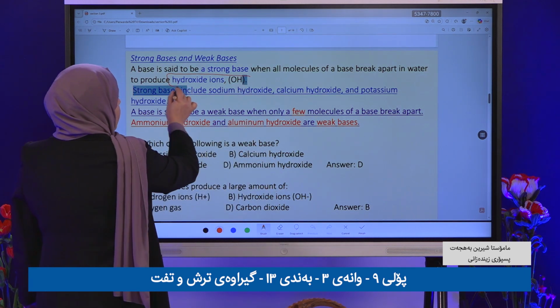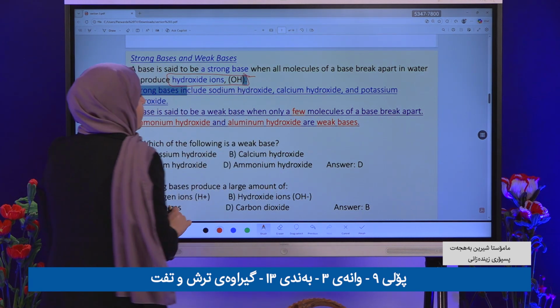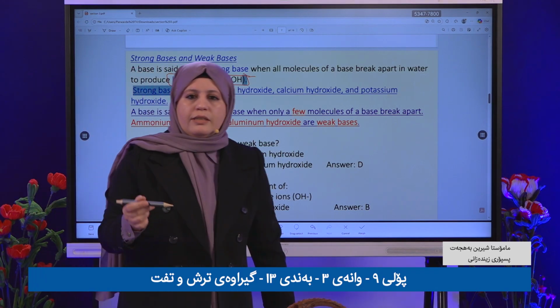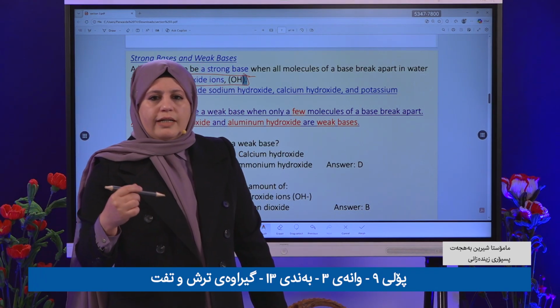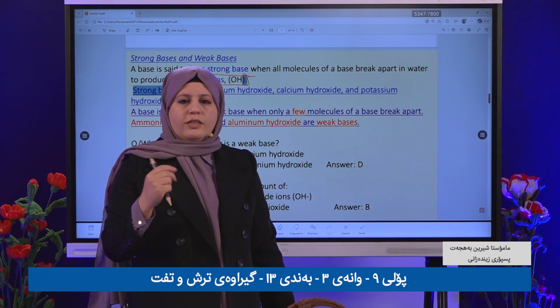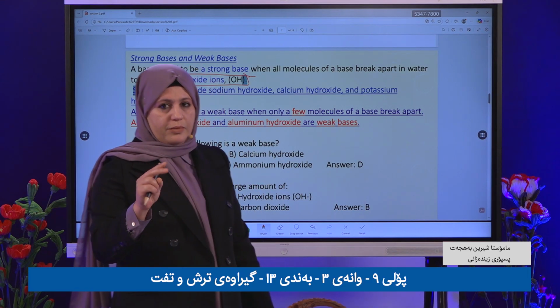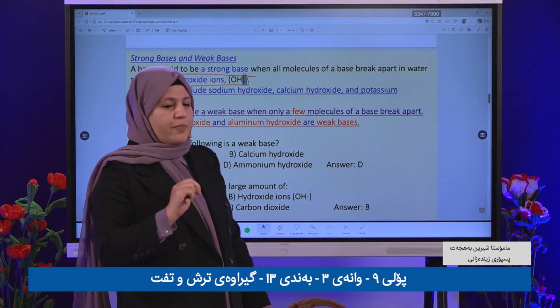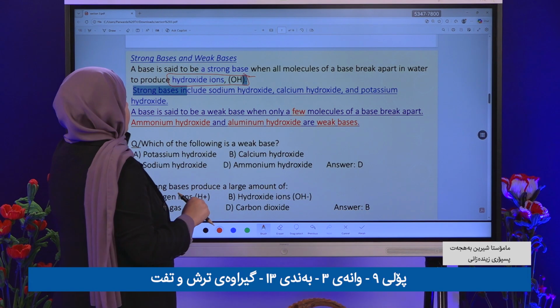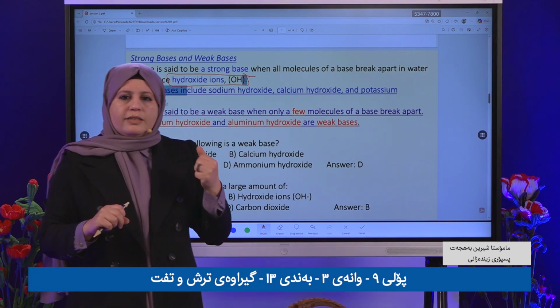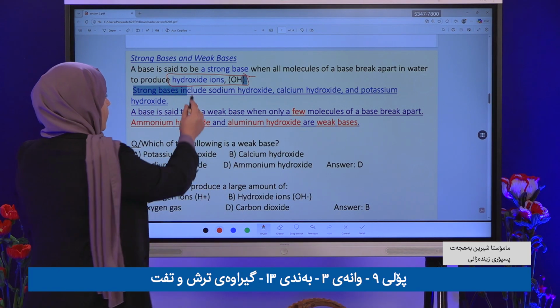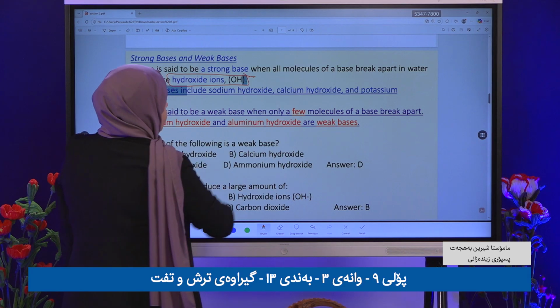Hydroxide ions. When an acid breaks apart in water, they form hydrogen ions. Be careful, compare between them. But when a base breaks apart in water, they form hydroxide ions, with negative charge.